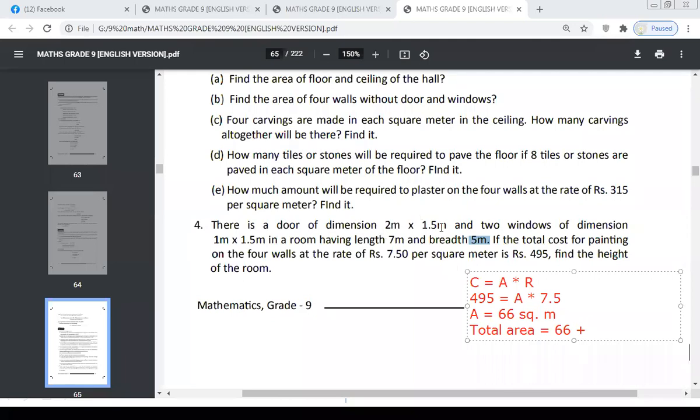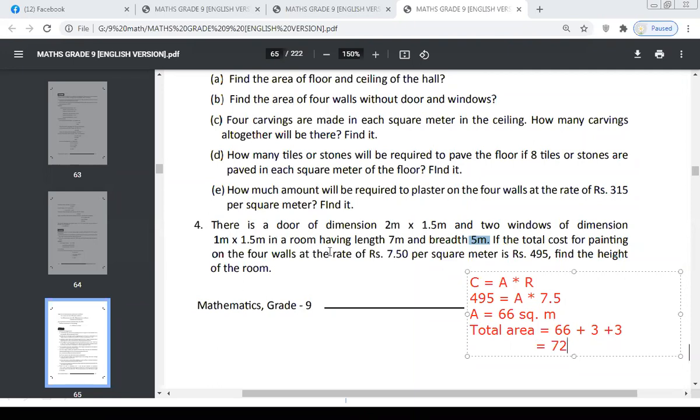Area of door is 2 into 1.5, which is 3. Similarly, area of how many windows are there? 2. 2 into 1 into 1.5. It is also 3. After adding door and windows, the total area is 72 meters square.